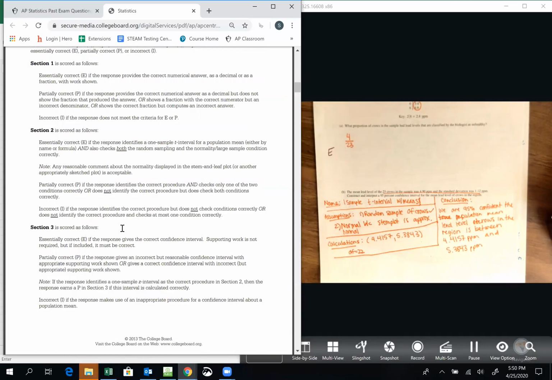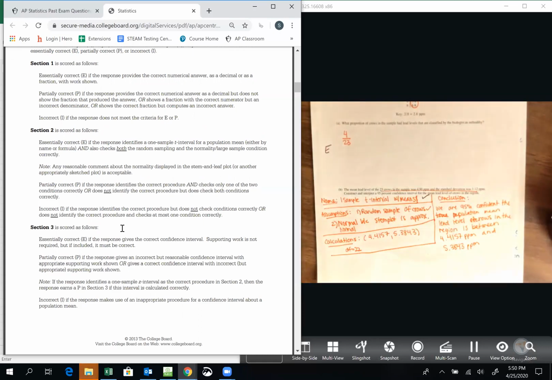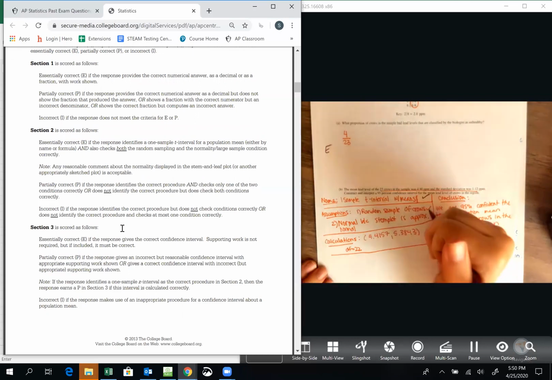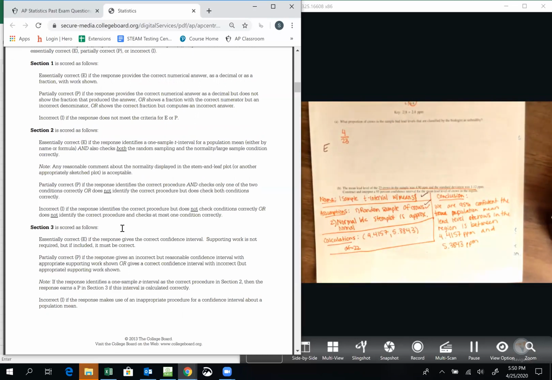Section 2, essentially correct. The response identifies a 1 sample t interval for a population mean, either by name or formula. And checks both the random sampling, random sample of crows, or SRS of crows would be acceptable. And the normality / large sample, it's not a large sample because it wasn't greater than 30.